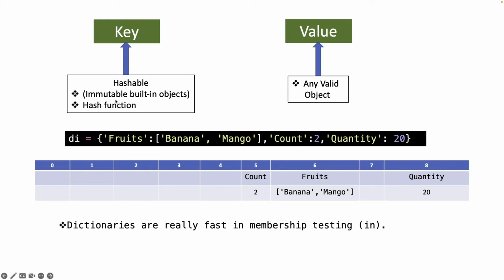All the immutable built-in objects are hashable, and what are these objects? Strings, tuples, built-in int, float are a few immutable items. Lists, sets, dictionaries are the mutable items. So we can use only immutable items as a key in Python.